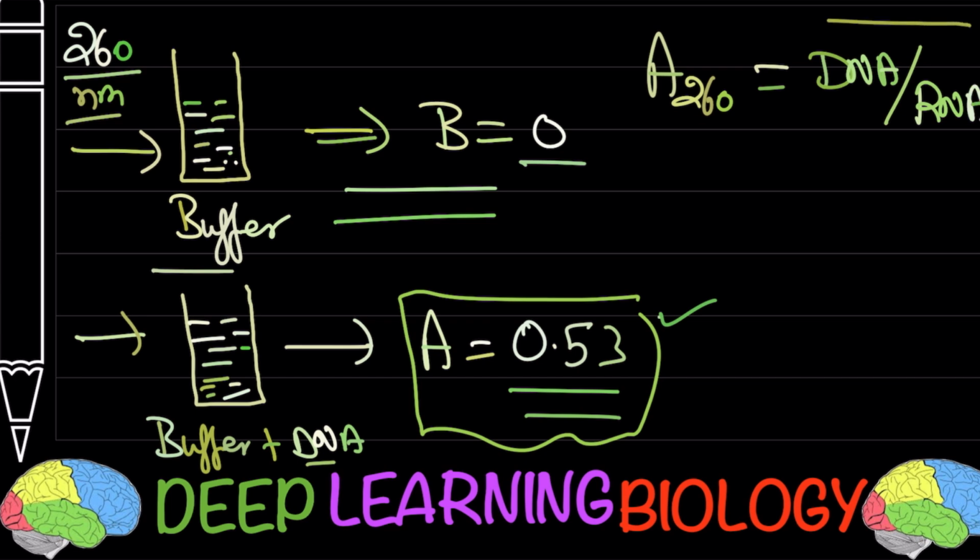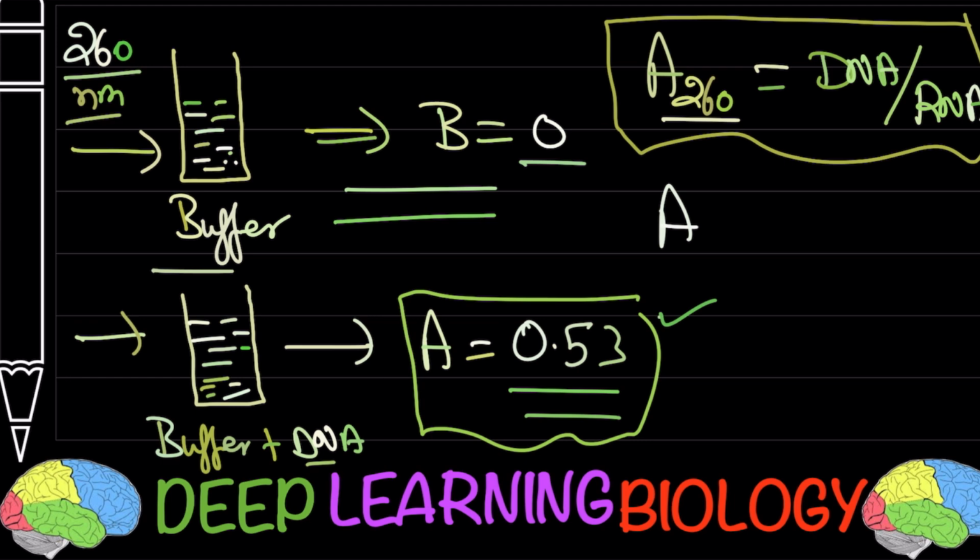So remember DNA, RNA quantification, whether it is double stranded DNA, single stranded DNA, or single stranded RNA, in the case of nucleic acids we do quantification at 260 nanometer. Remember, when we quantify proteins, generally we take the UV light and calculate absorbance at 280 nanometer.